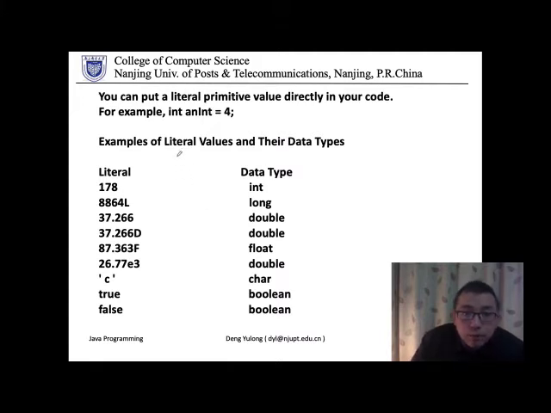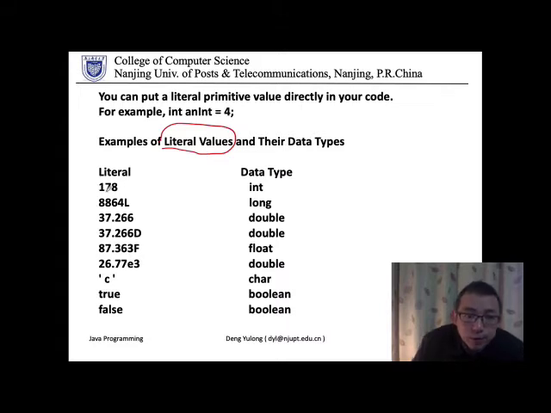And once we define a primitive type variable, now we can assign different values to them. We have a name for these values: literal values. Literal values have different forms, depending on the type of primitive variable.